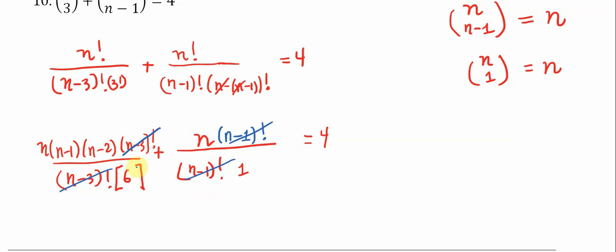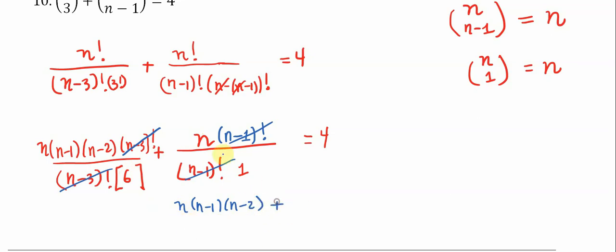Now we have a 6 in this denominator, and to simplify things, let me write this out in a couple of different steps. We have n times n minus 1 times n minus 2, all of this over 6.